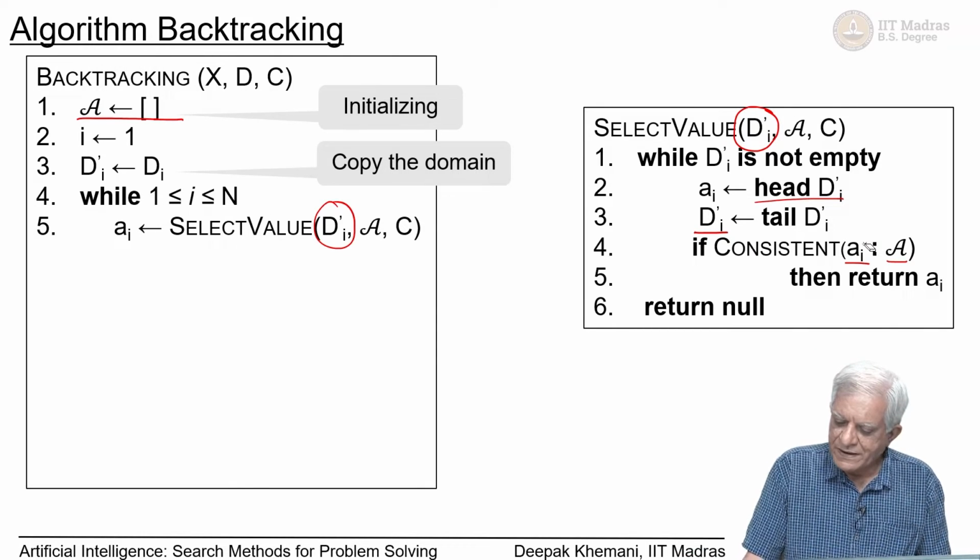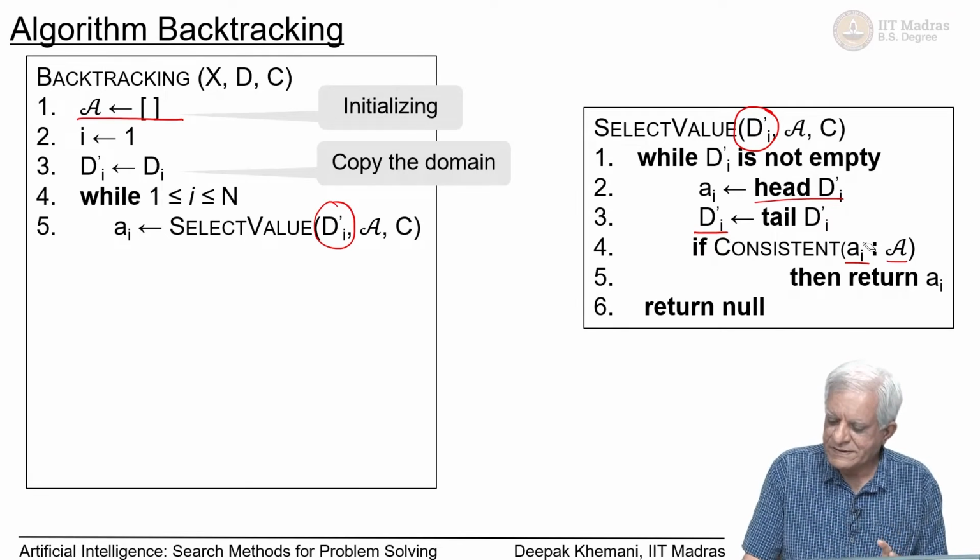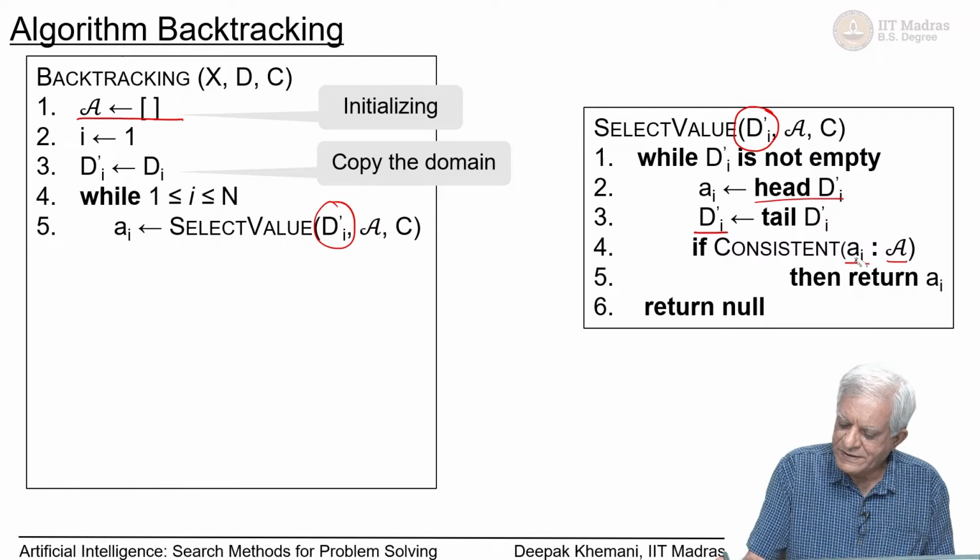If Ai concatenated with the earlier partial assignment is consistent, then we have got a value and we return this Ai essentially.